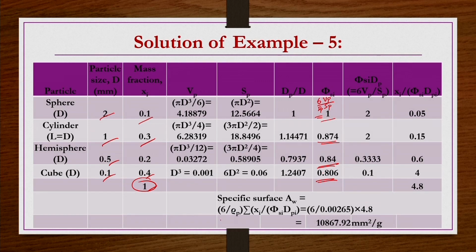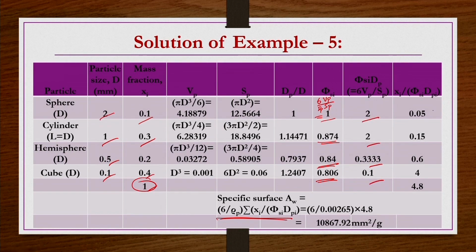The specific surface area here is 6 by rho_p sigma x_i by phi_si d_pi. Now, the sphericity is different from one particle increment to the other, so that phi_si comes into the summation. You have phi_si d_p, which is 6 V_p by S_p, so you get these numbers.